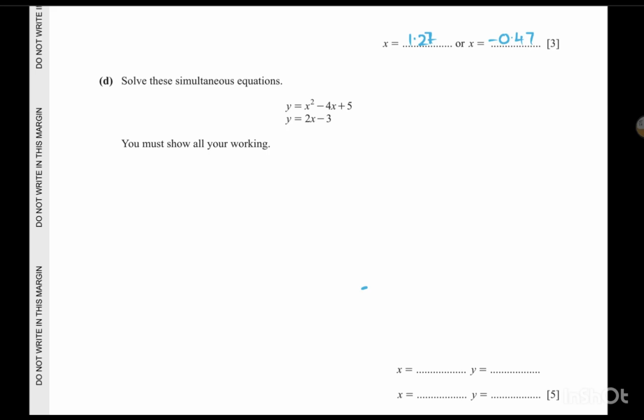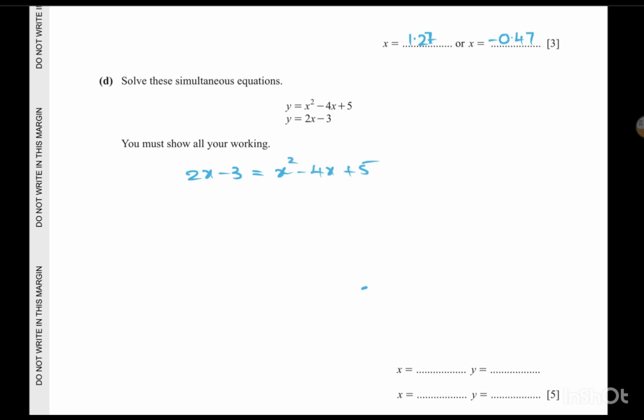So here, let us take the value of y in this equation, x square minus 4x plus 5. So using that, you get here, 2x minus 3 is equal to x square minus 4x plus 5.